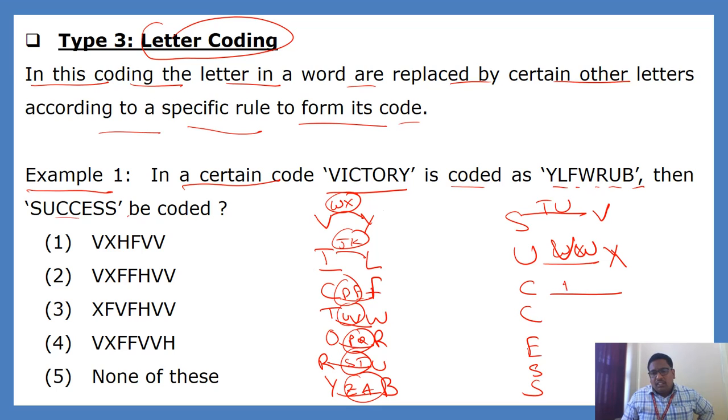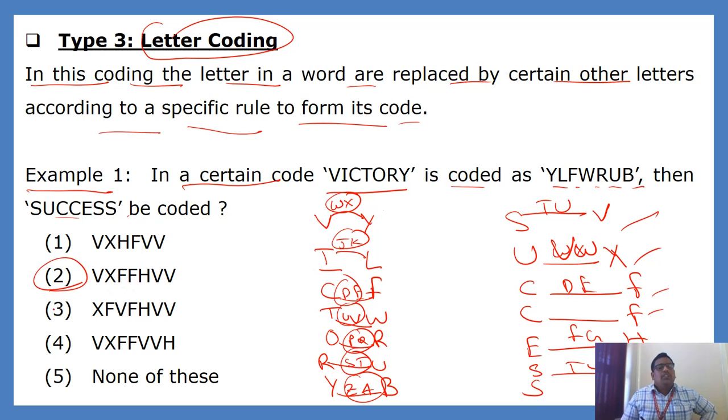Next X C D E F. Again F E F G H, S T U V. Answer is V X F F H V V. V X F F H V V. Option 2 is the answer.